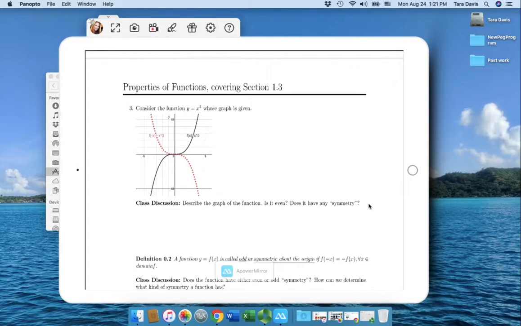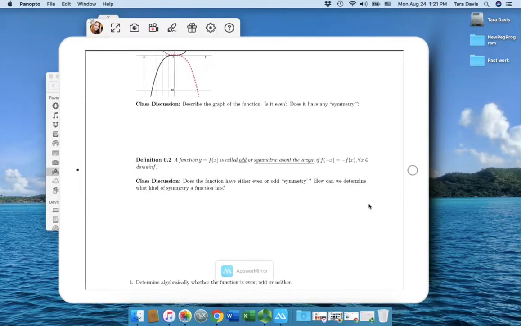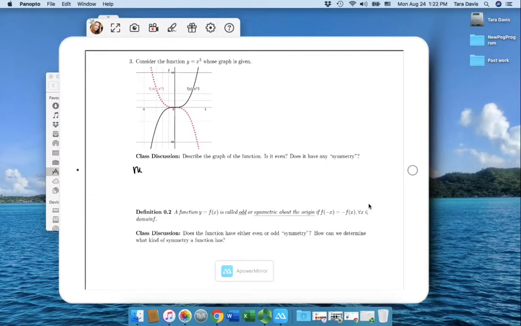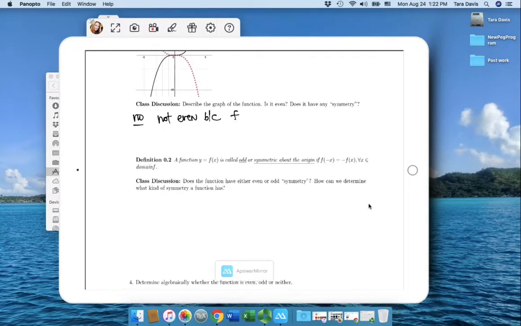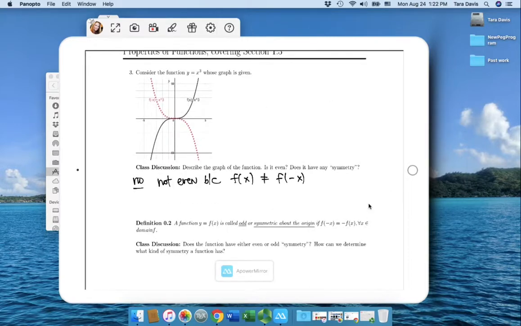Because those two graphs are different, in other words, because the black graph doesn't have y-axis symmetry, we can say no, it's not even, because f of x is not equal to f of minus x for all x. Or you can say it doesn't have y-axis symmetry.